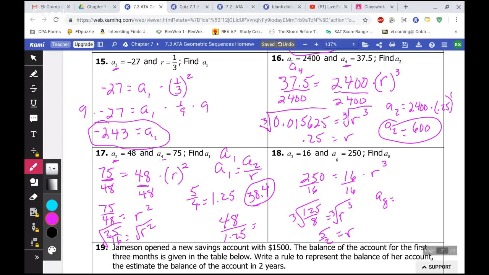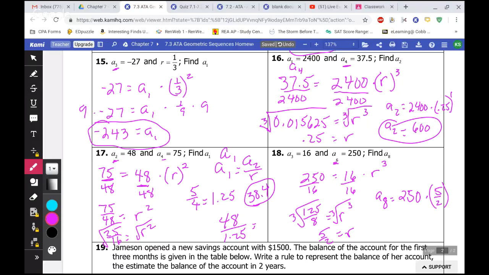I think I would, actually, to get to 8, I could go from 6. That'd be 250, and I'd be 2 away from 6.